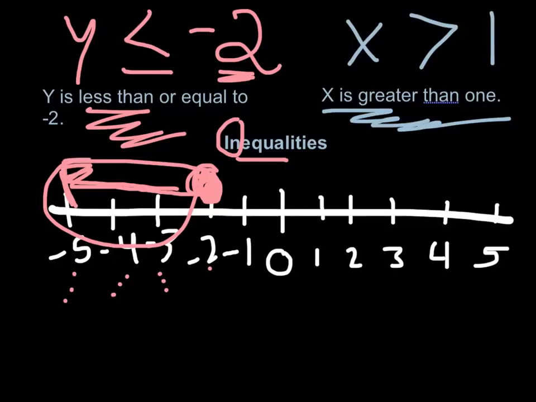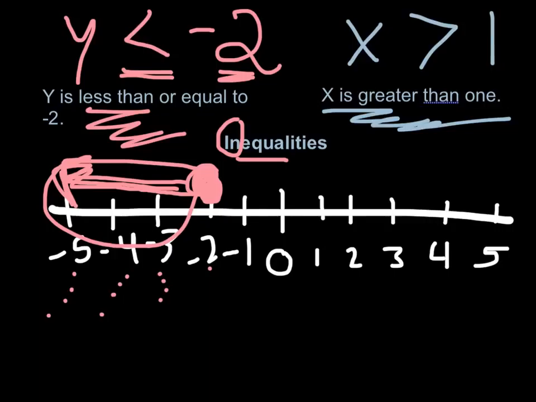I'll repeat that one more time. Y is less than or equal to -2, so I'm going to include the -2 in my shading because y is less than or equal to it. Then I'm going to shade to the left of -2 because that is what y is: numbers that are less than or equal to -2, -3, -4, -5.